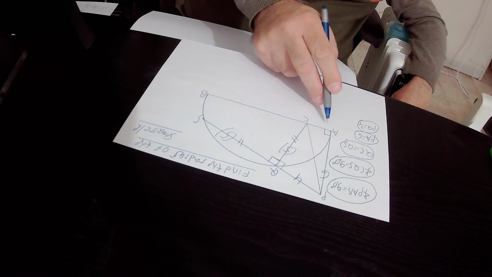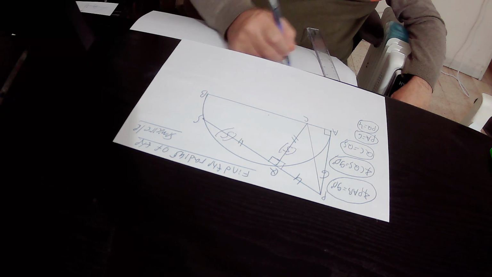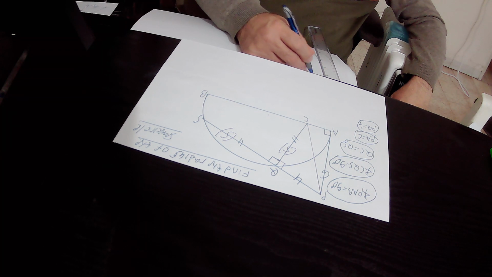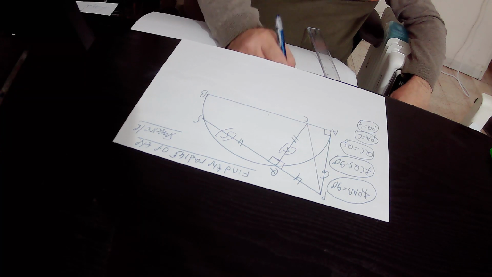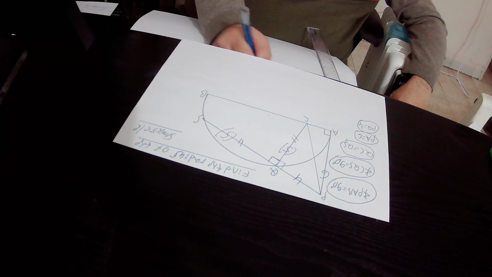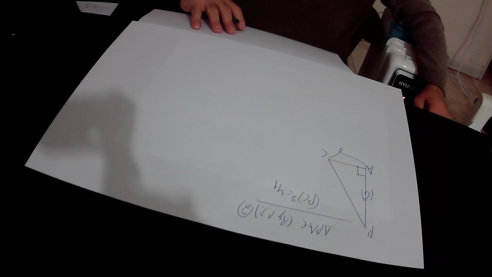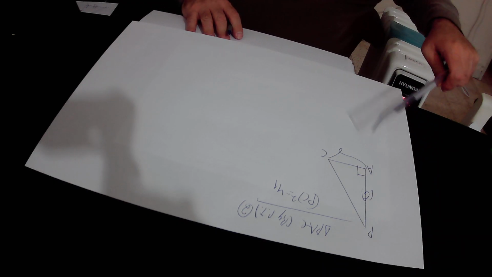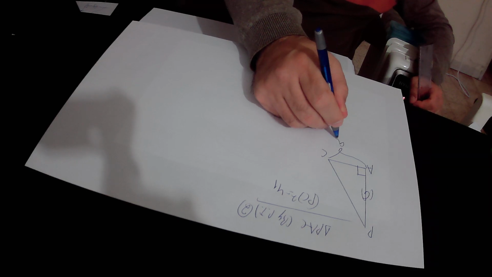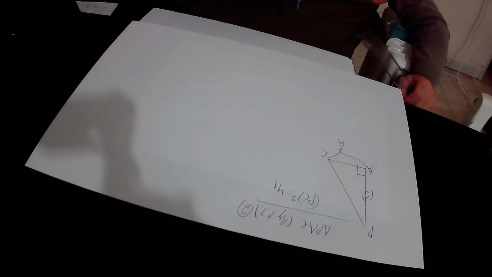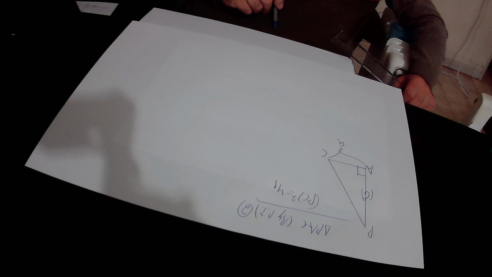We define the length of side AC as A. So actually, this is the right triangle PAC that I copied from the original drawing. PA equals 6 and AC equals A according to our definition. PC squared equals 41 according to what we have already found out.